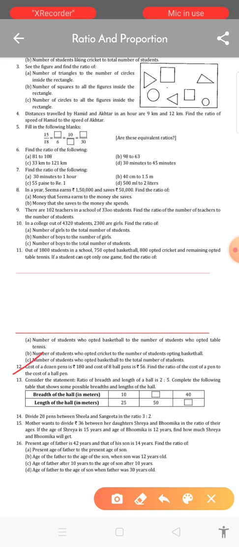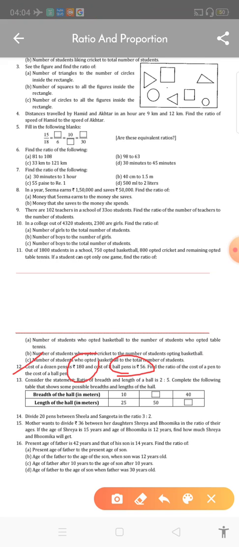Find the ratio of the cost of a pen to the cost of a ball pen. So students, here you can see the cost of 1 dozen pens is 180 rupees and the cost of 8 ball pens is 56 rupees.